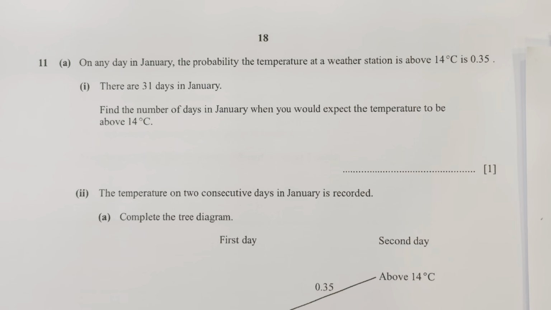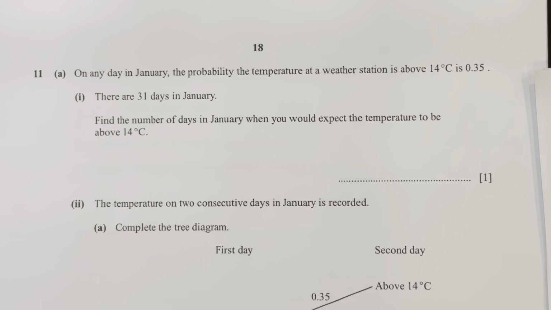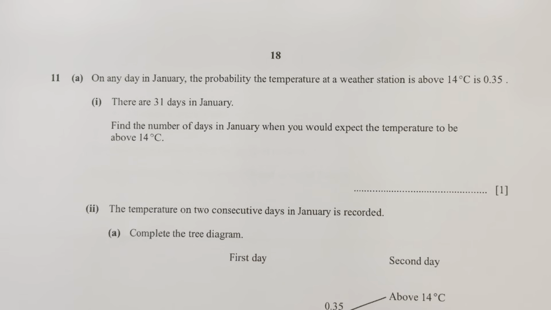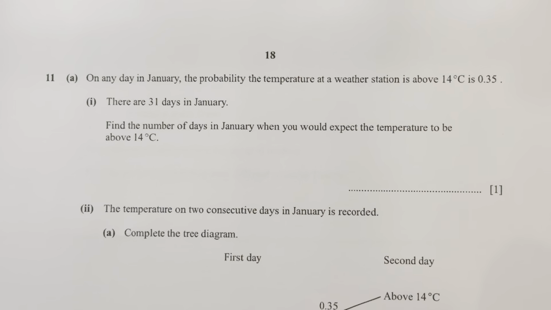Moving to question number 11. Question number 11 is that on any day in January, the probability of the temperature of the weather station, this is the last question, is 14 degree Celsius, is 0.35. There are 31 days in January.